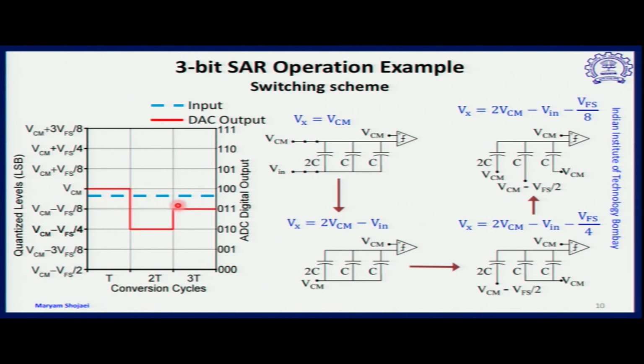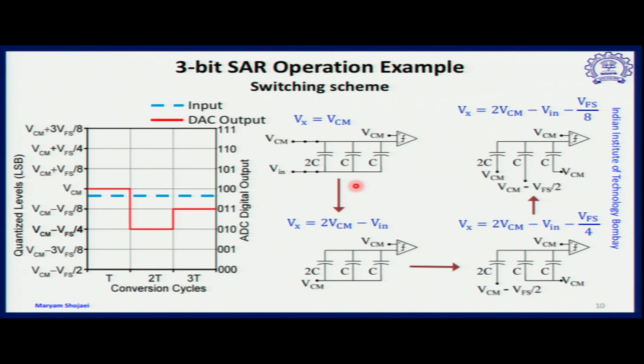The arbitrary input, which is slightly below VCM, is shown in blue, and the operation over 3 cycles for generating the corresponding code is shown in red. On the right side, you see the corresponding switching.